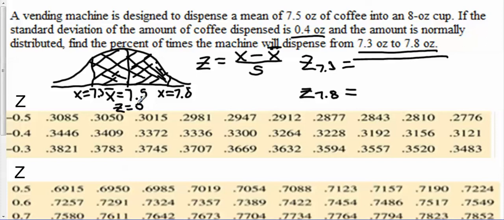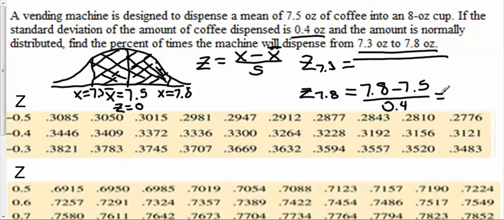So when we calculate the z-score for 7.8, we're going to use the z-score formula, the standard score formula. We go 7.8 minus the mean of 7.5 divided by the standard deviation that was given at 0.4.